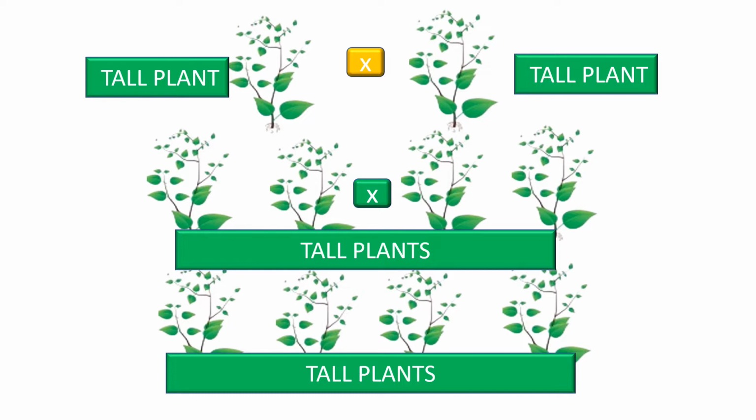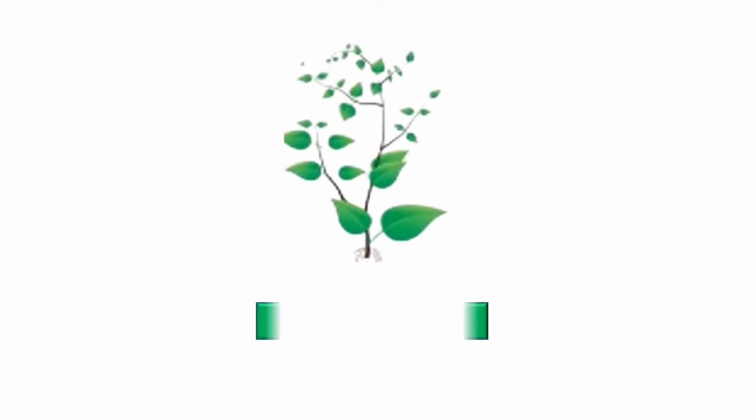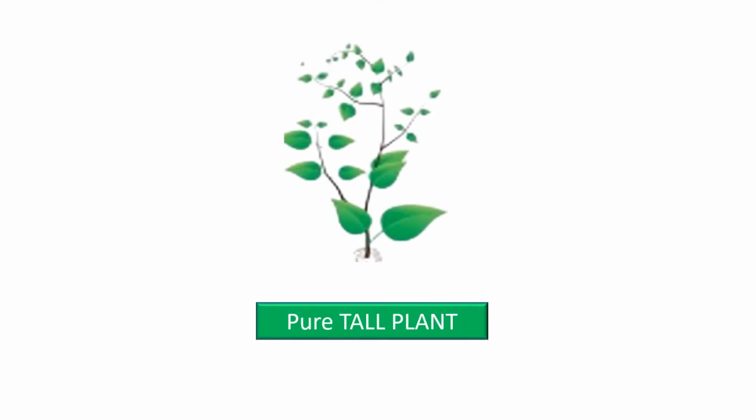All the daughter plants obtained by self-pollination were also tall. He carried on this process along several generations. If he got only tall plants along several consequent generations, he termed the mother plant as a pure tall plant.